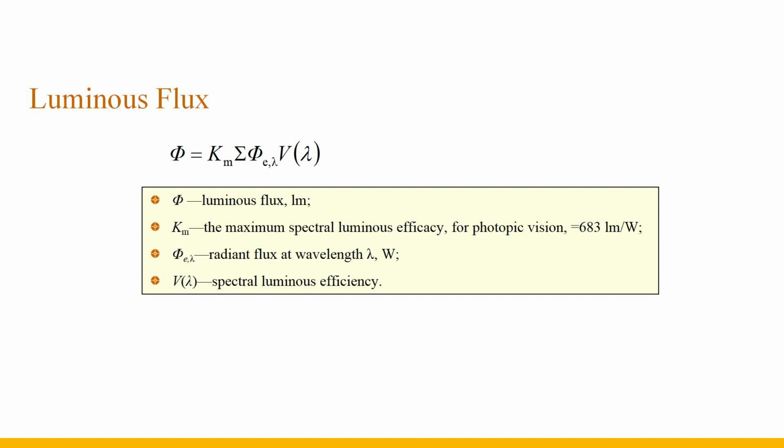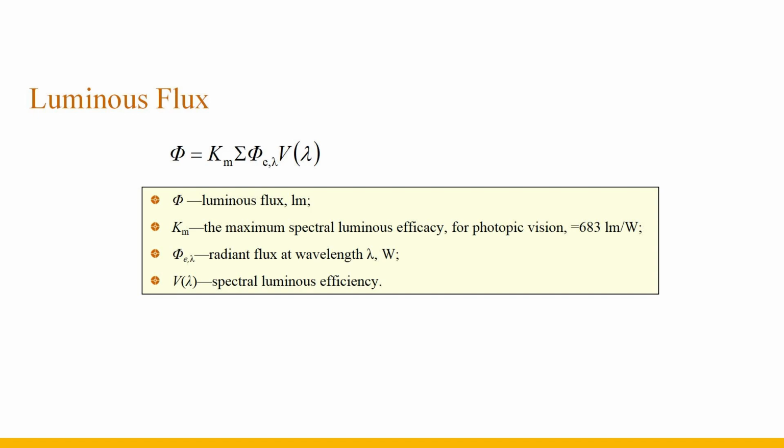The unit is lumen, and the symbol is lm. The luminous flux is equal to the sum of the products of the radiant flux of each wavelength emitted by the light source and the spectral luminous efficiency of the corresponding wavelength, multiplied by the maximum spectral luminous efficacy. The maximum luminous efficacy under photopic vision is 683.